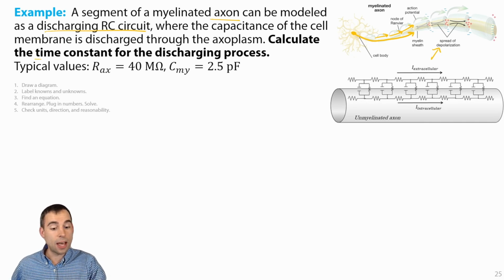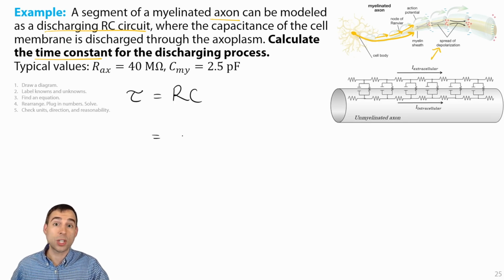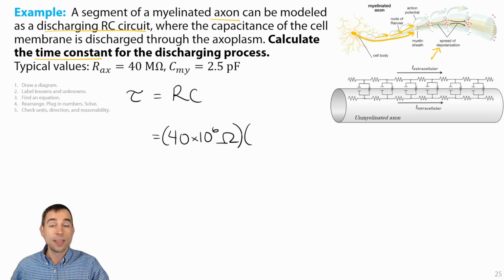So we're given some values and asked to solve for the time constant. Solving for the time constant is rather straightforward. Tau should be equal to R times C, but we want to make sure we're careful about the different units that we have here. Here's 40 mega ohms. That means 40 times 10 to the 6 ohms. And the capacitance is given in picofarads. That's 2.5 times 10 to the minus 12 farads.